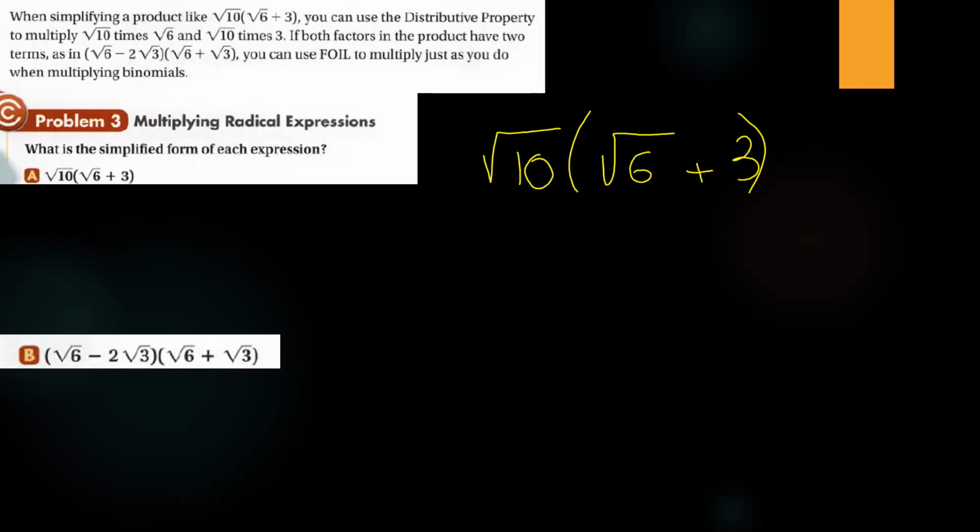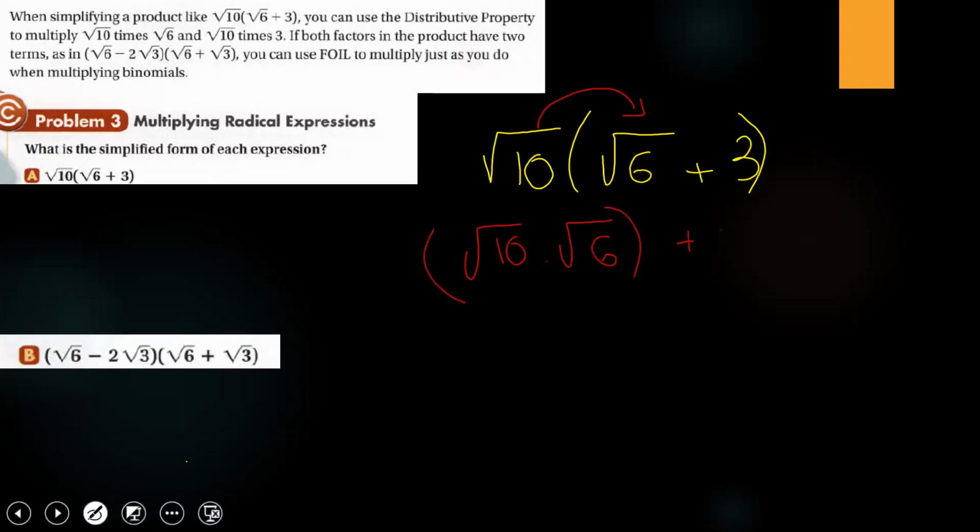You have to multiply square root of 10 first with the square root of 6, then plus, you will multiply the square root of 10 with 3. This is by using the distributive property.